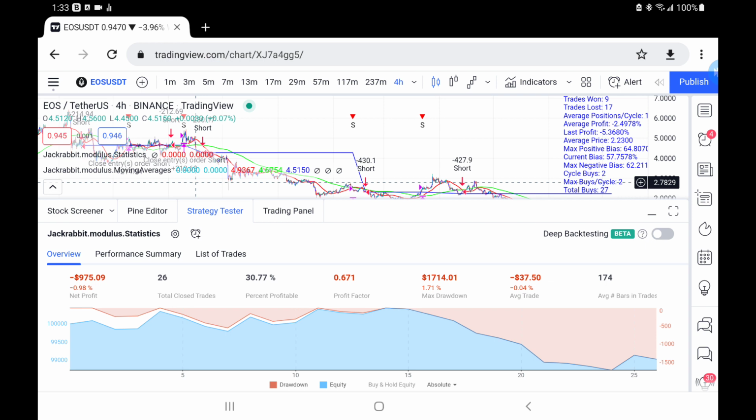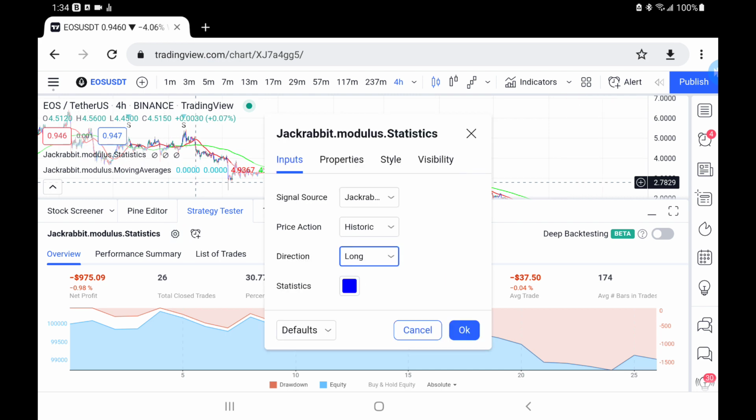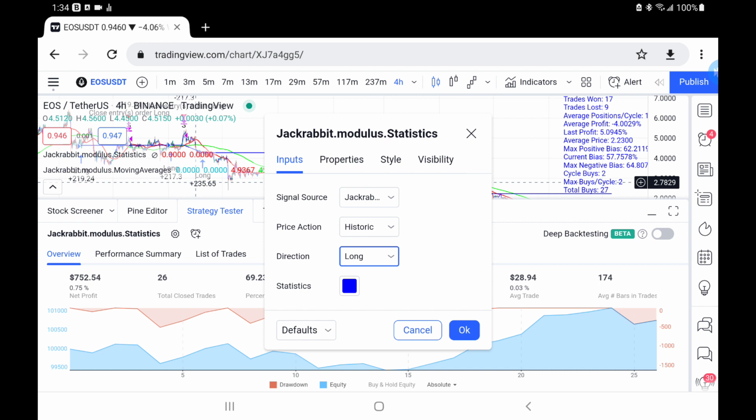So it makes sense that a longer time frame wouldn't do well if you're trying to short the market versus trying to simply go in a long direction, since that is what the market wants to do naturally over time. It wants to make money.